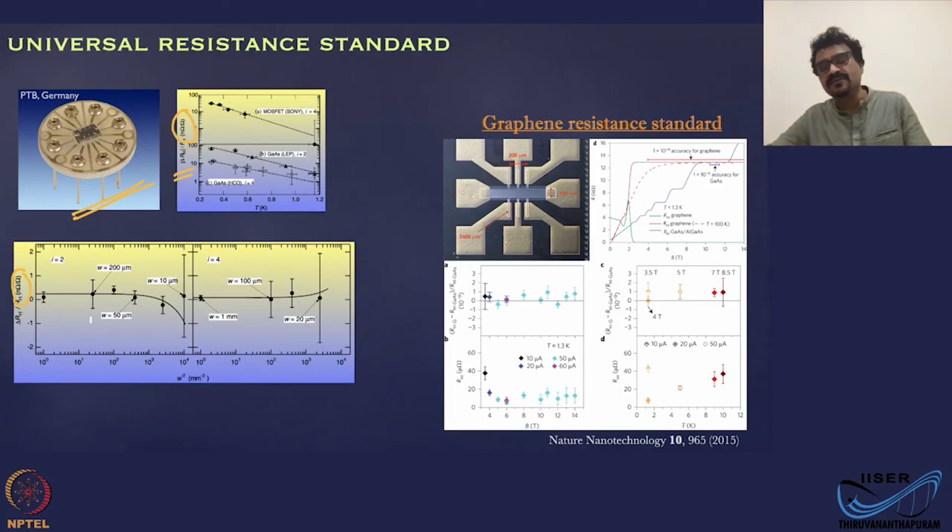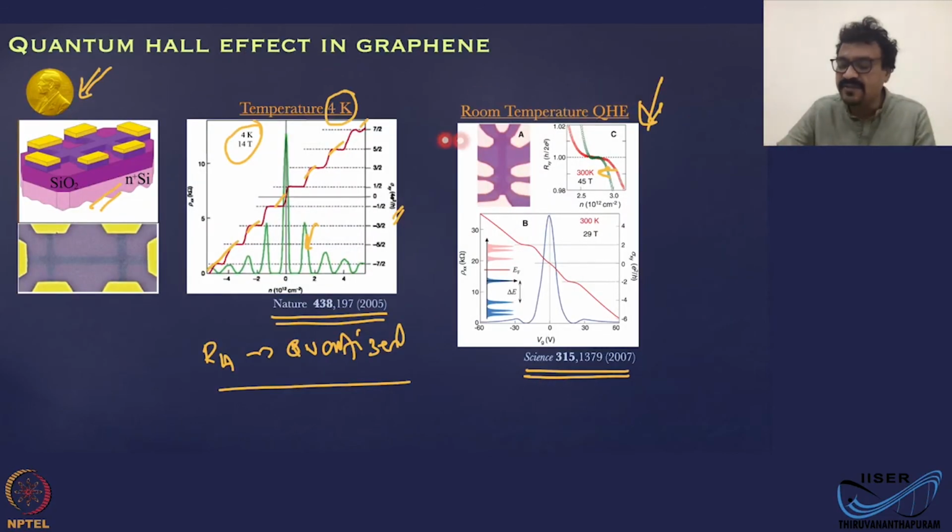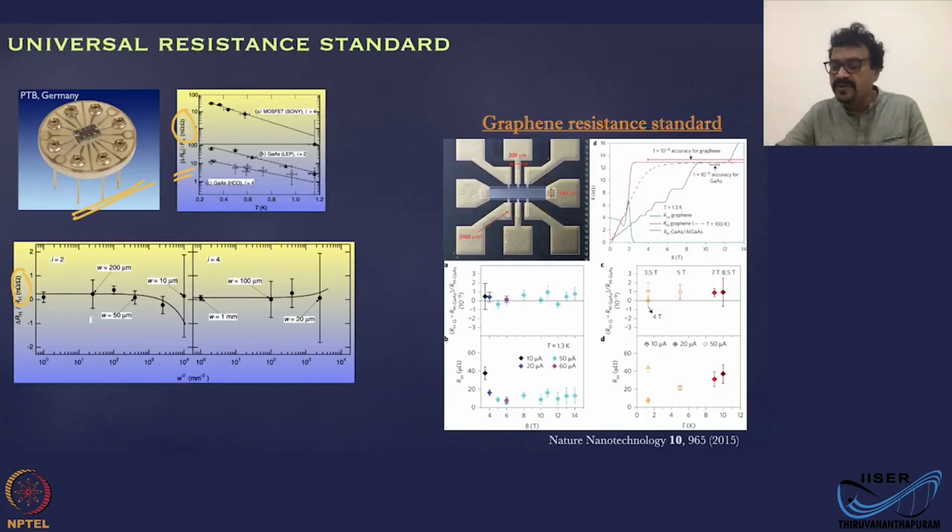For metrology purposes. And recently, because of the ease of doing this experiment in graphene and the possibility of doing it at higher temperature, because you have seen that in graphene you can even see this effect at room temperature, you don't need really high-end cryogenic equipment to demonstrate and make this resistance standard. So labs have started looking into fabricating graphene-based resistance standards.